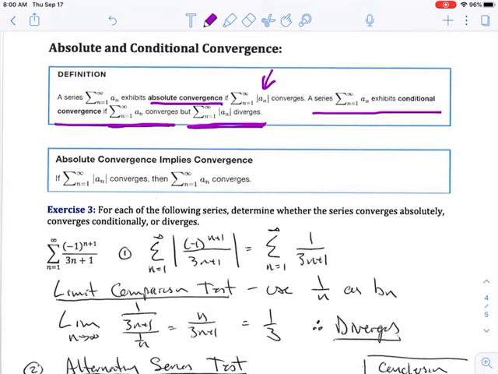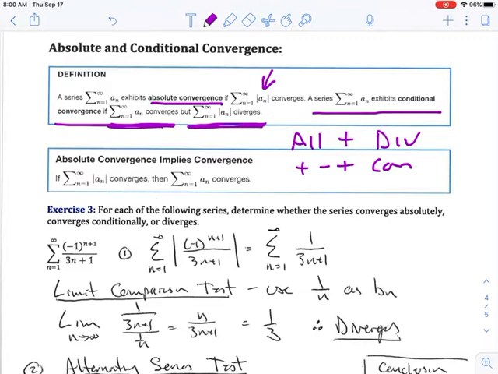But when the terms are alternating, it's converging. Then it is conditional convergence. So in other words, when all terms are positive, it's diverging, but when you have alternating, it's converging. This is called conditional convergence.